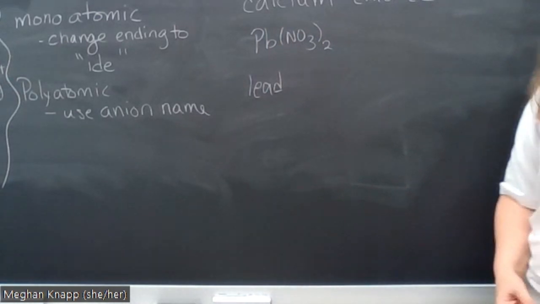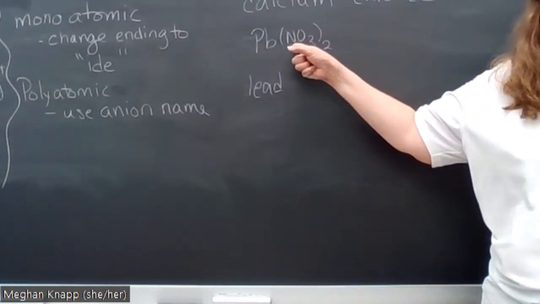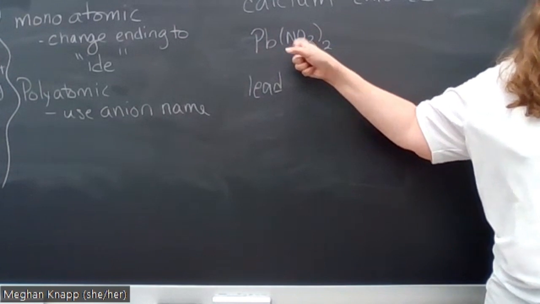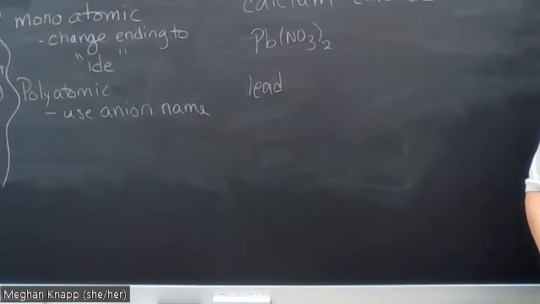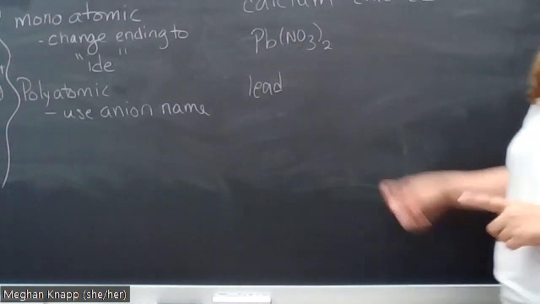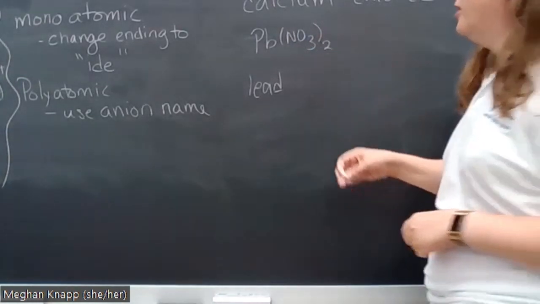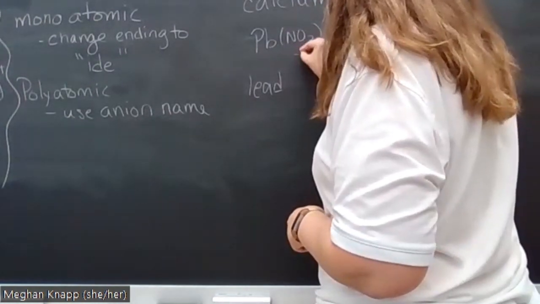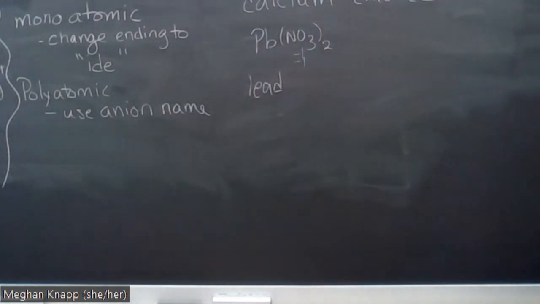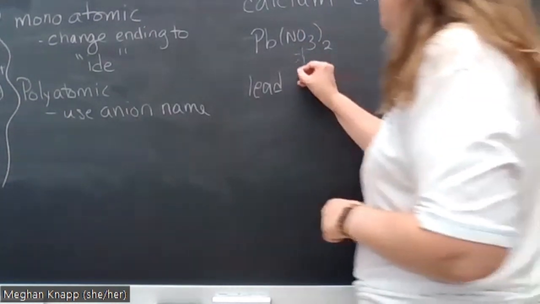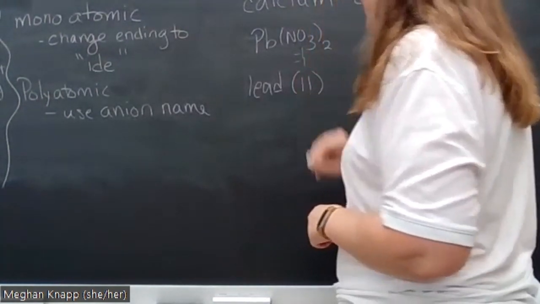So in order to figure out the charge, we're going to go to the anion. So has anybody memorized the charge on nitrate yet? -1. Okay. And I have 2 of these. All right. So this is a -1 and a -1. So to balance that, what does the charge on the lead have to be? +2. So let's say lead 2.